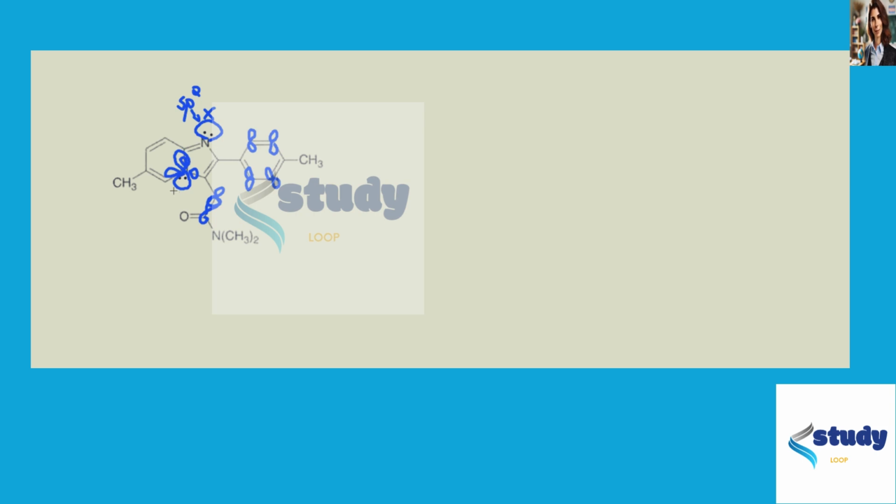So because of that, what we have here is an sp2 nitrogen, but now these electrons are located in the p orbital, so they can be delocalized and contribute to determining aromaticity.